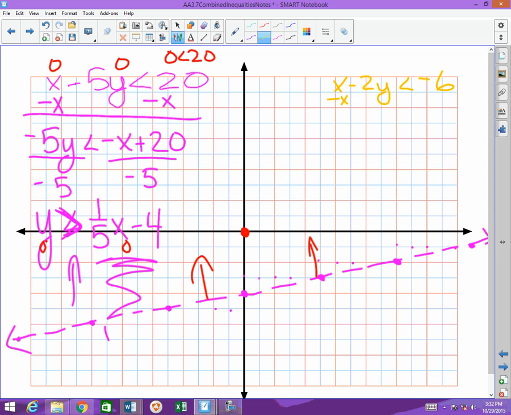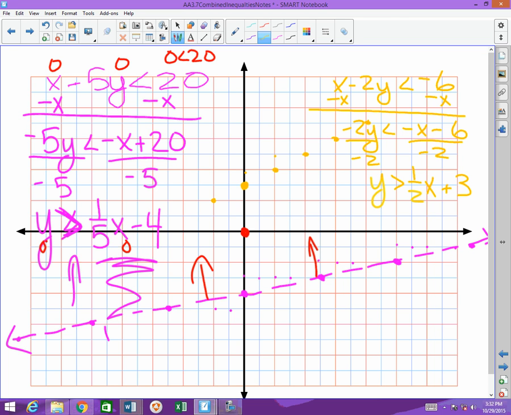Then we have to take this one and graph it on the same coordinate plane. So we subtract x. You get a negative 2y is less than a negative x minus 6. Divide by negative 2. And y, again, you should switch it to greater than 1/2 x plus 3. So we're going to cross at 3. And then we would have up 1 over 2, up 1 over 2, and so on and so forth.